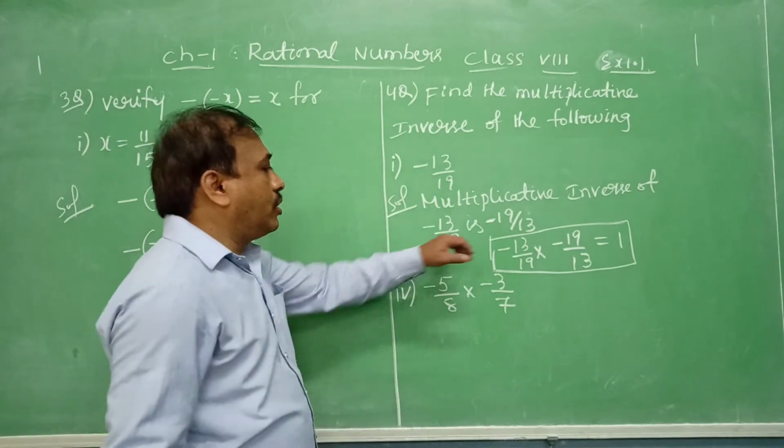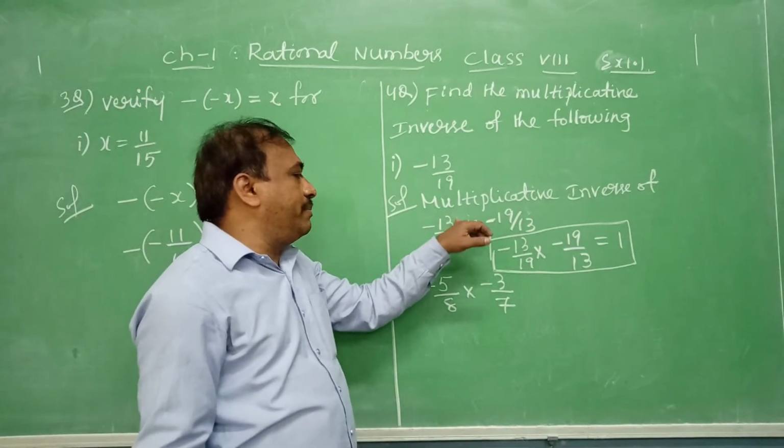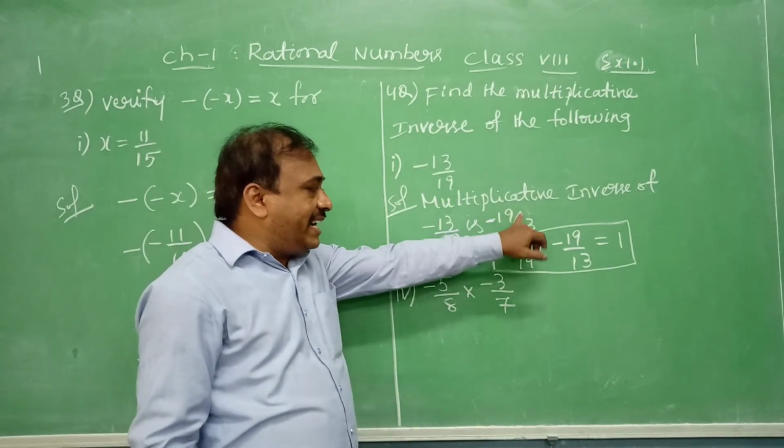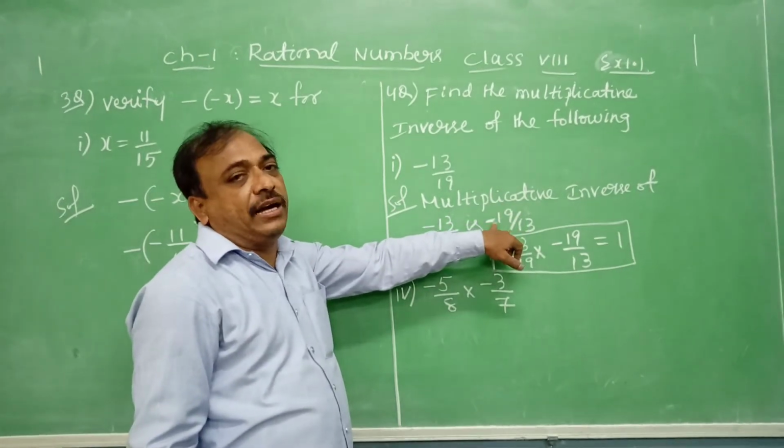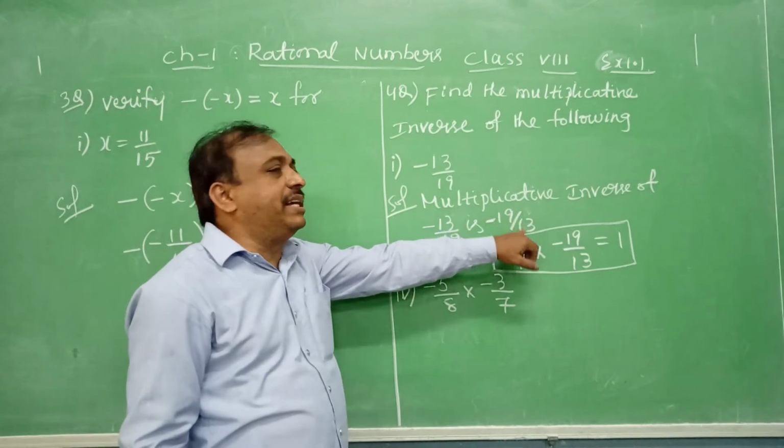So the multiplicative inverse of minus 13 by 19, you can write as 19 by minus 13, or you can keep the minus for the numerator, minus 19 by 13.